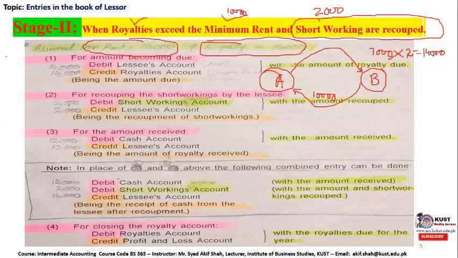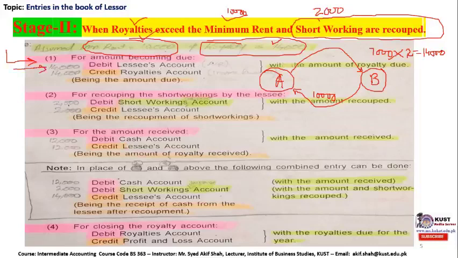So let's discuss the first entry: how to record such a lease agreement when the royalties exceed the minimum rent. As we can see, the royalty in this case is 14,000, however the minimum rent is 10,000. So how to record such entries in the books of account of the lessor? For the amount becoming due, the landlord will debit the lessee account with 14,000.